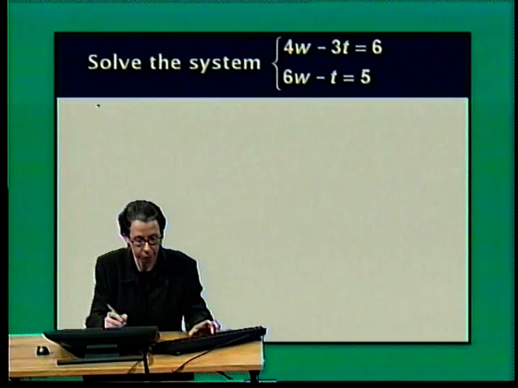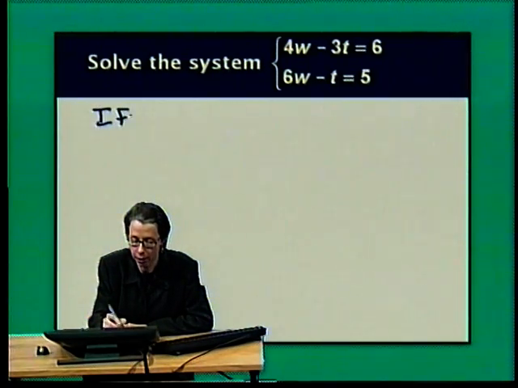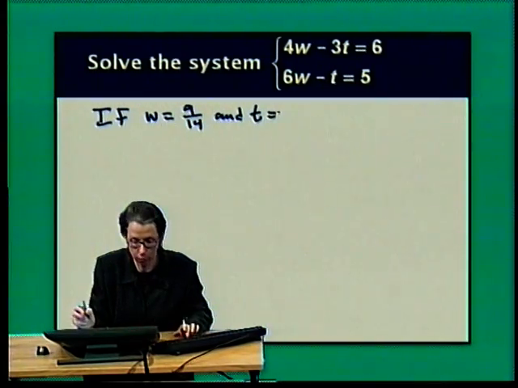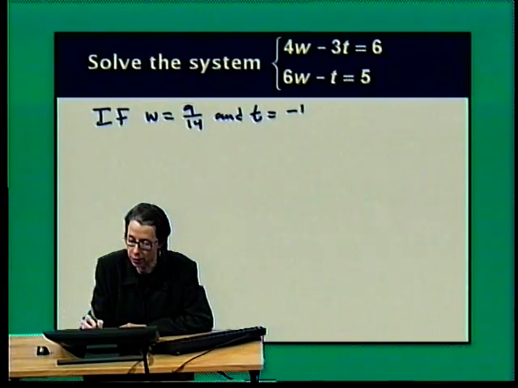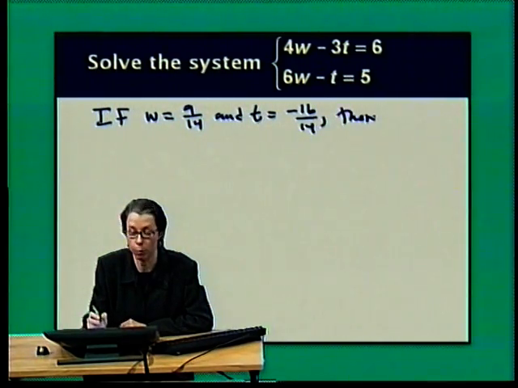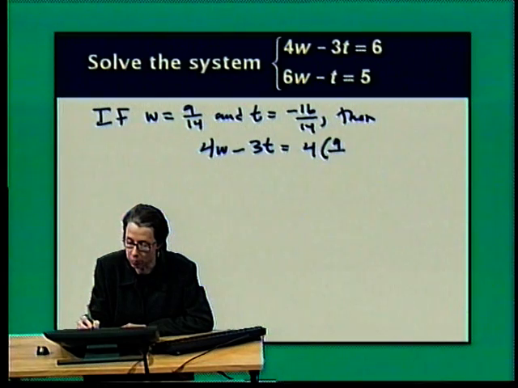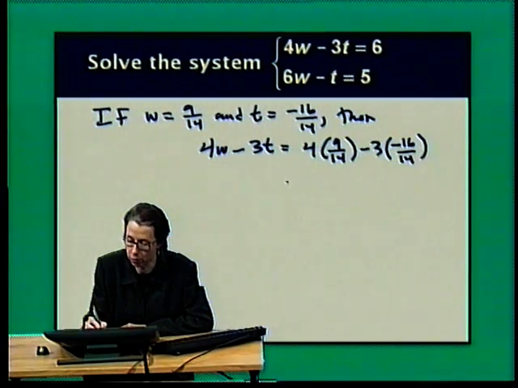So if w equals 9/14 and t equals negative 16/14, I'm going to check in both equations. 4w minus 3t equals 4 times 9/14 minus 3 times negative 16/14.